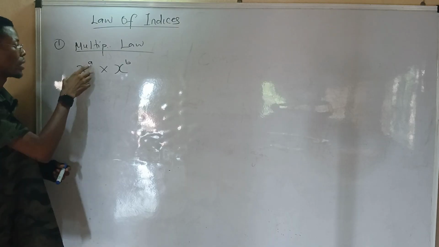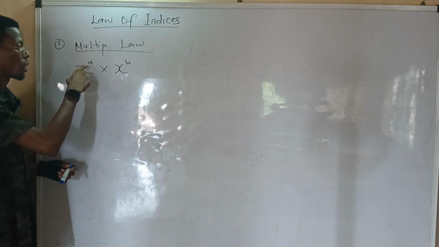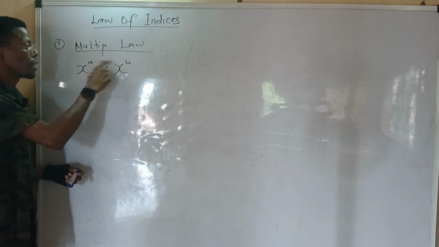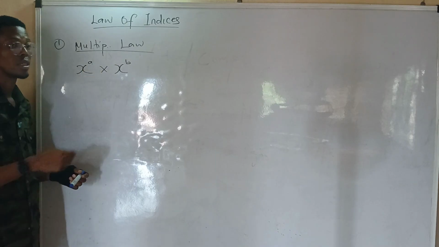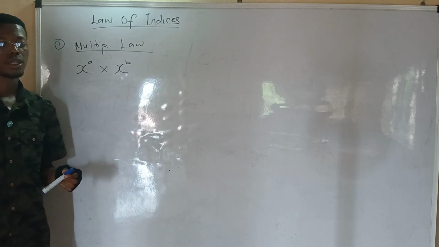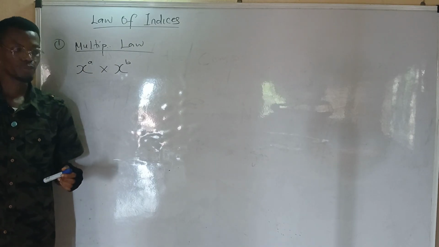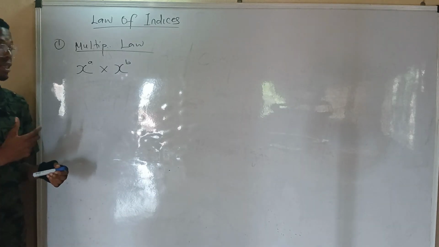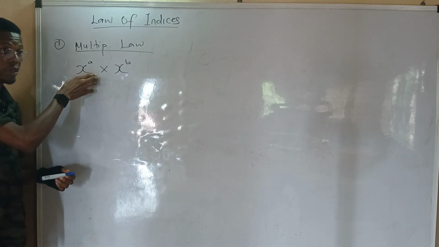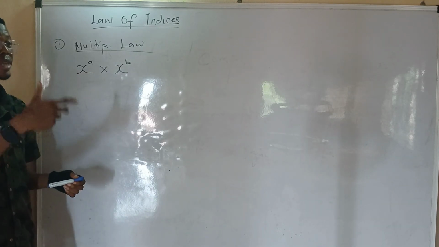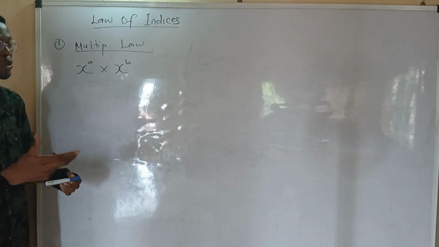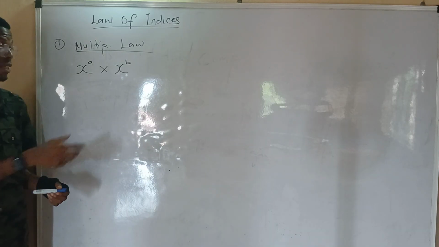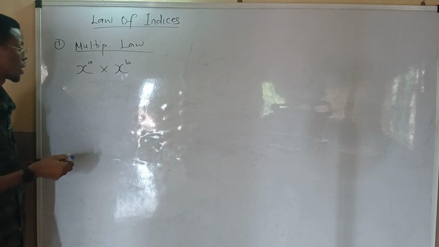And the part that has a power up is called an index. This a is an index, this b is an index. Index means the exponential, the power that the base actually carries. That is, to what extent, how many times are you going to multiply the base. That is what the index is telling us.